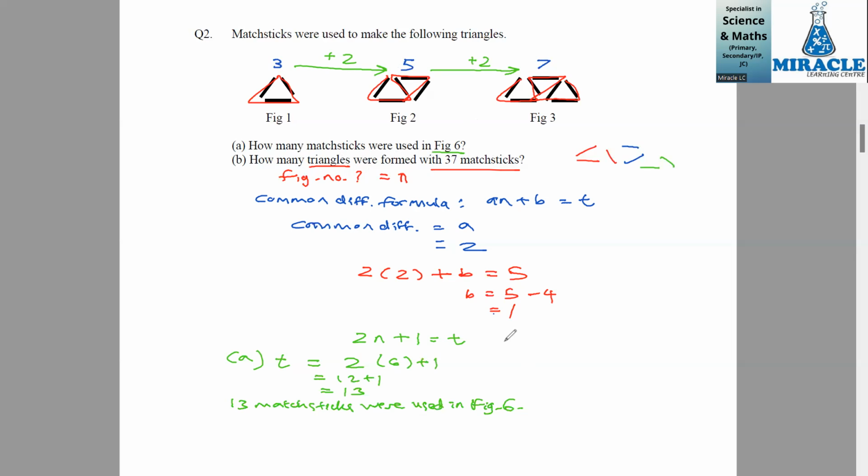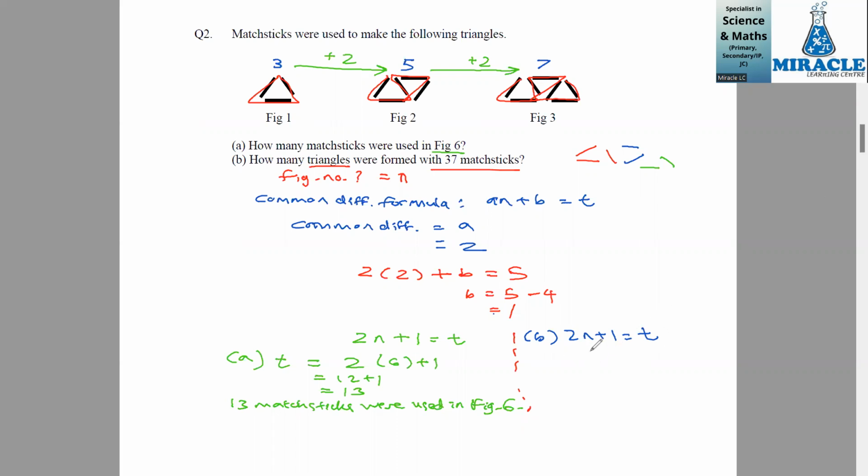Okay, so let's write it here. We want to find n. Currently, we know our formula is 2n plus 1 equals t. So this formula is to find the total number of matchsticks used.